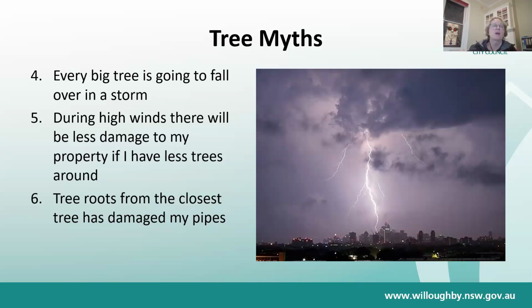We find this time and time again when the plumber comes, because there's a pipe blockage. The plumber says you've got tree roots in your pipe, it's that tree there, and they always point to the closest. Well, my son's a plumber, and I understand where he's coming from quite well. But it is just not the case.